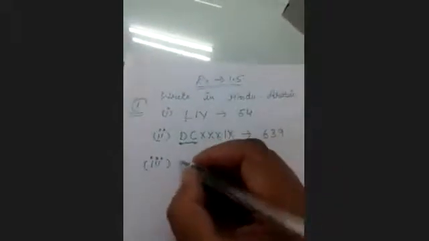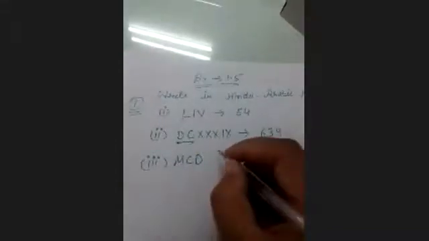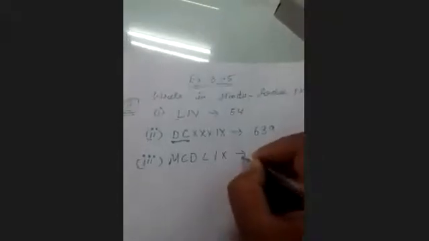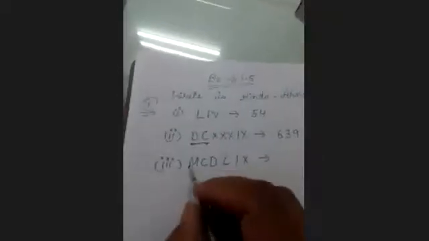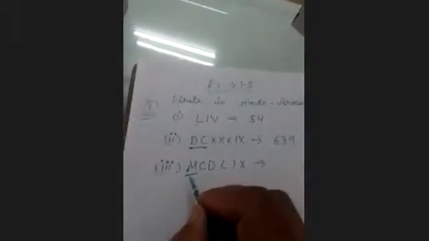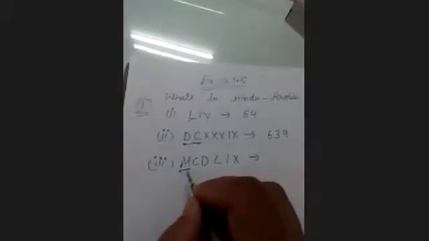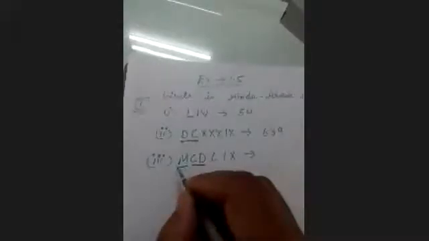Now the third part is MCDLIX. Yes, friends. M means 1000. CD means 400.